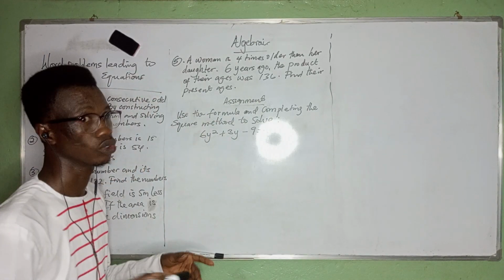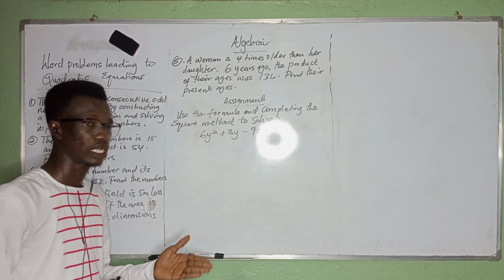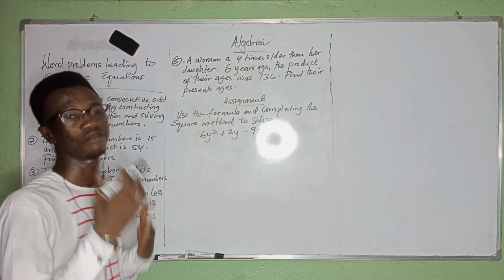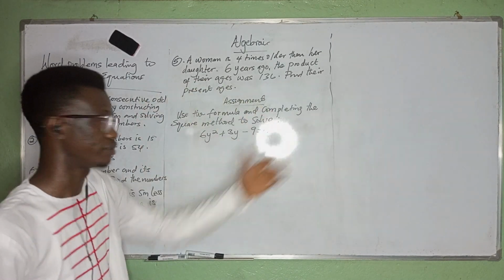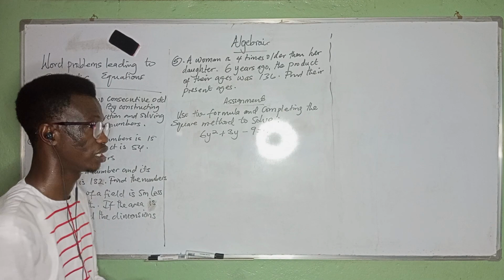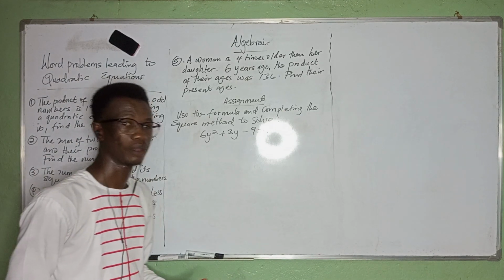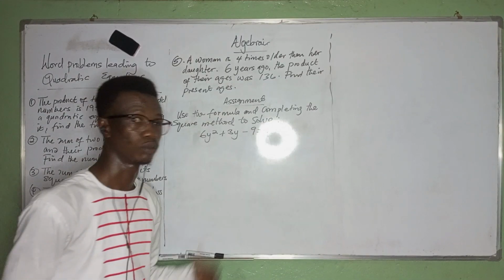If this is your first time, I advise you to check that video, where I talked about solving quadratic equations using factorization, formula method, and completing the square method. Then you can look at this assignment and you should be able to solve it.